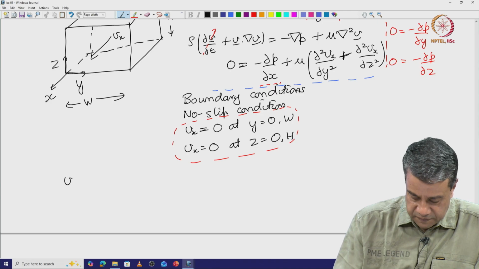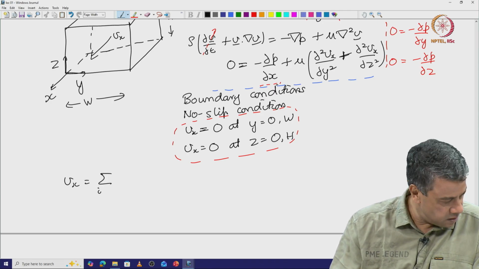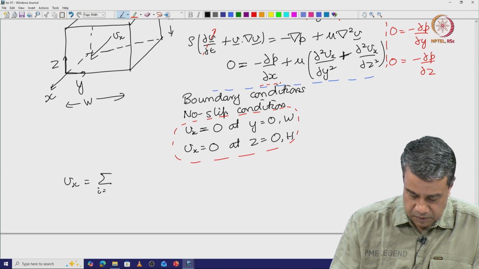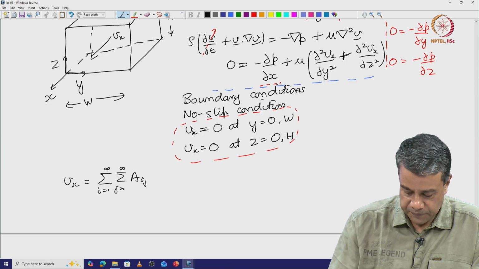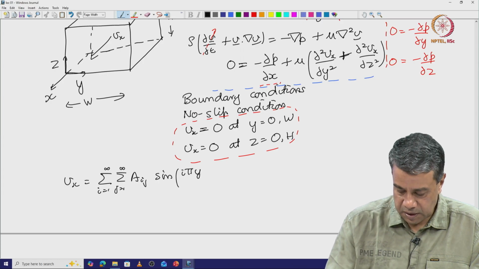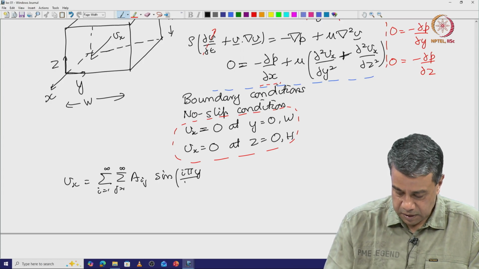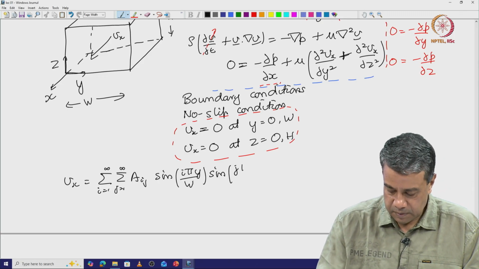Vx is equal to sigma i is equal to 1 to infinity, sigma j is equal to 1 to infinity of a i j sin i pi y by w sin j pi z by L.